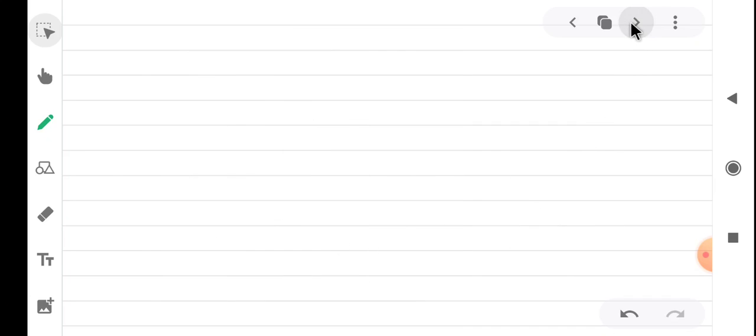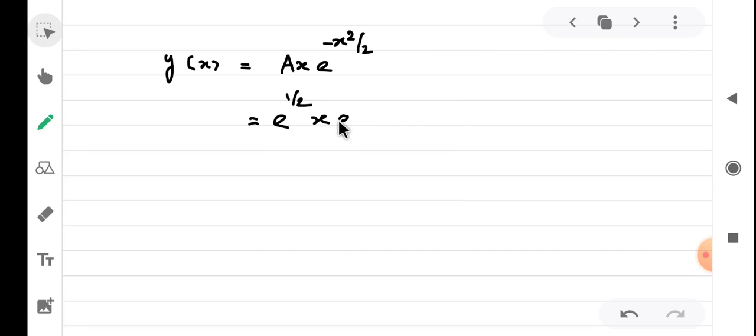So I know y of x is equal to a x into e power minus x square by 2, but a is nothing but e power 1 by 2.